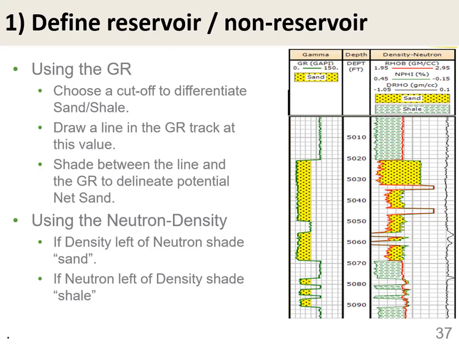And remember what we said, for sandstone, your neutron trends to the right of your density curve. Remember that in shales, the neutron porosity measurement is usually high, and that's because of the high hydrocarbon content.